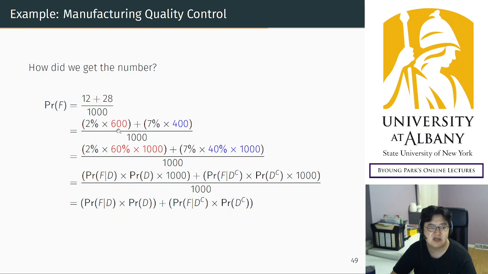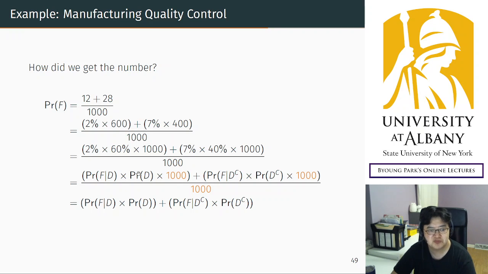And 600 is obtained as 60% of 1,000. Similarly, 400 was calculated as the 40% proportion of imported batteries out of 1,000 batteries. Then 2%, 60%, 7%, 40% are the probabilities given in the question, so you may change 2% into this, 60% into this, 7%, 40%.